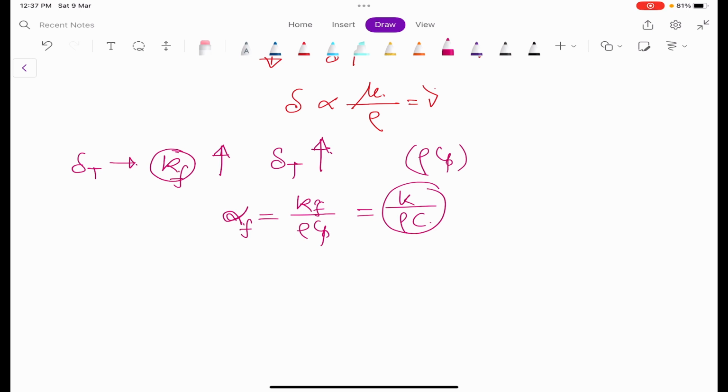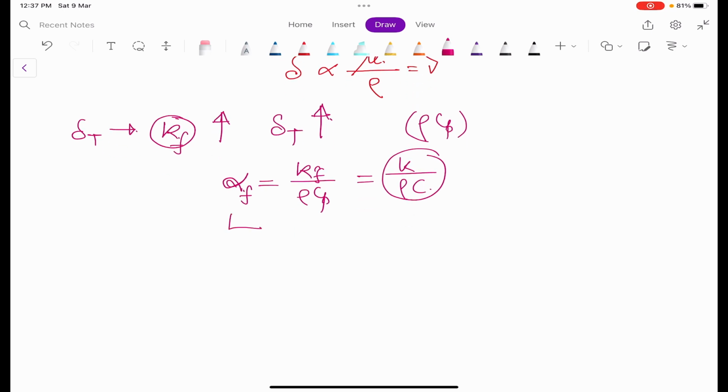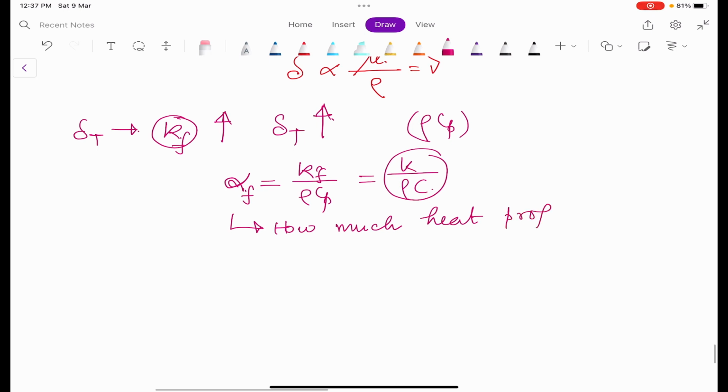Thermal diffusivity means how much the medium will let the heat propagate. So if alpha is more, then more and more heat can propagate. That means at a particular y the temperature will be higher, so the temperature minus T infinity is also higher.